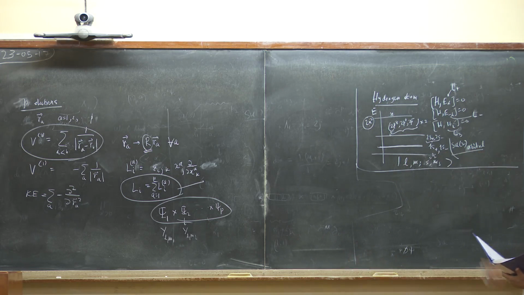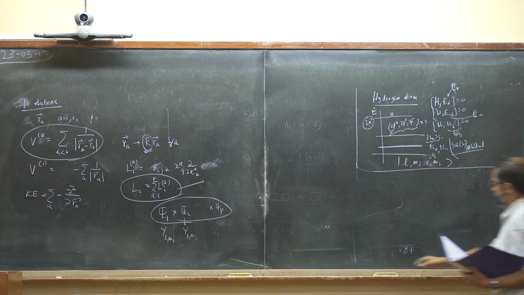These are the electron eigenstates in a hydrogen atom.